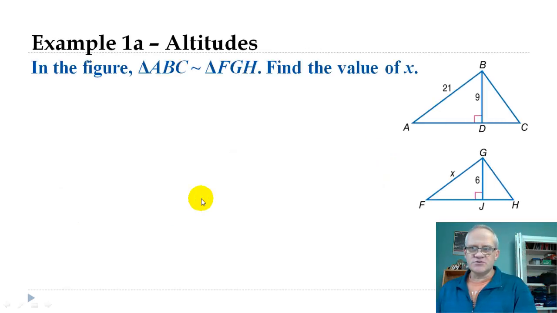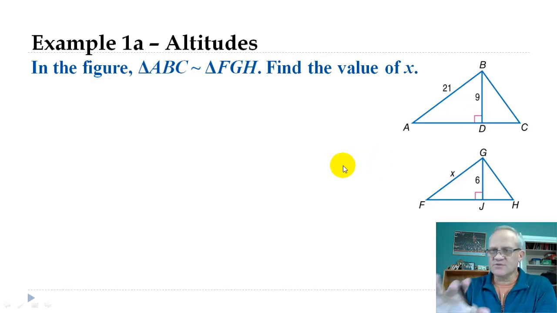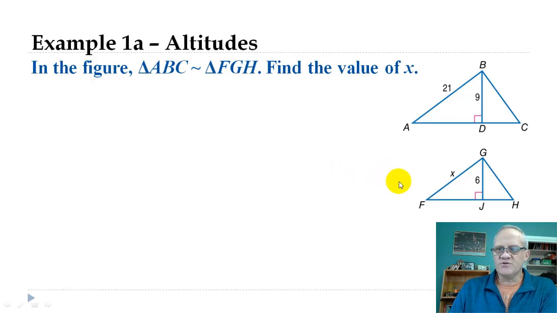All right, this is altitude. Remember again, the altitude goes from the vertex straight down, makes a 90-degree angle. What I usually start with, and this one's kind of easy because it's all set up in the same way, is the special segment itself. So in this case, the altitude. So it's a 6 and a 9.